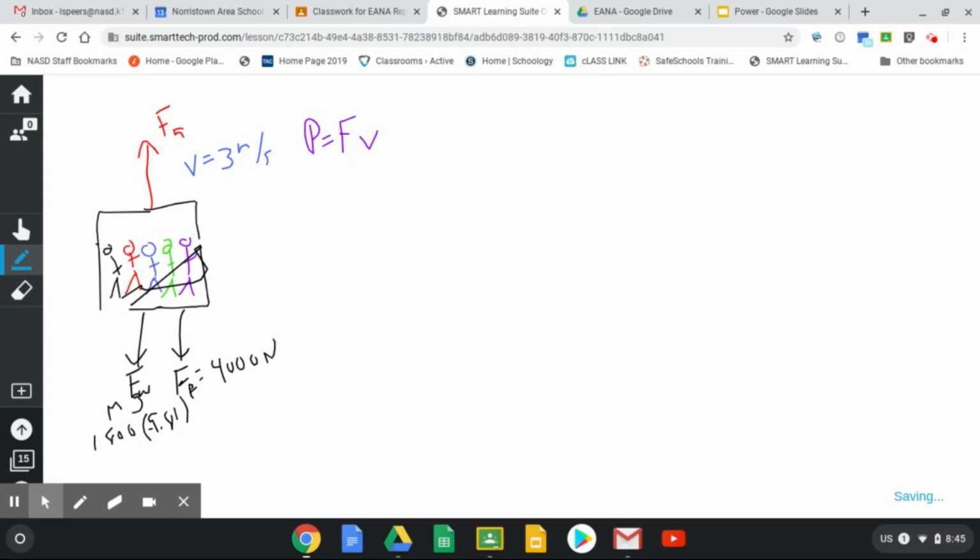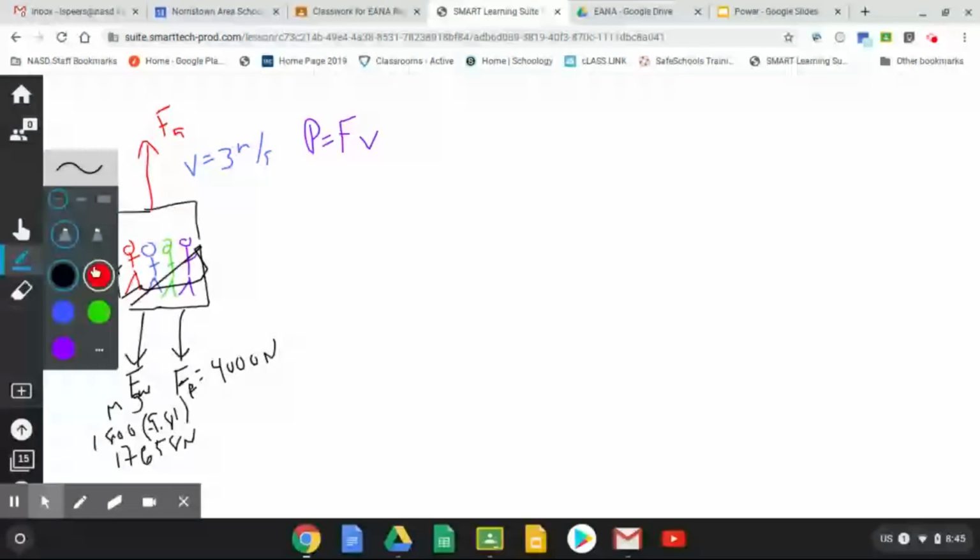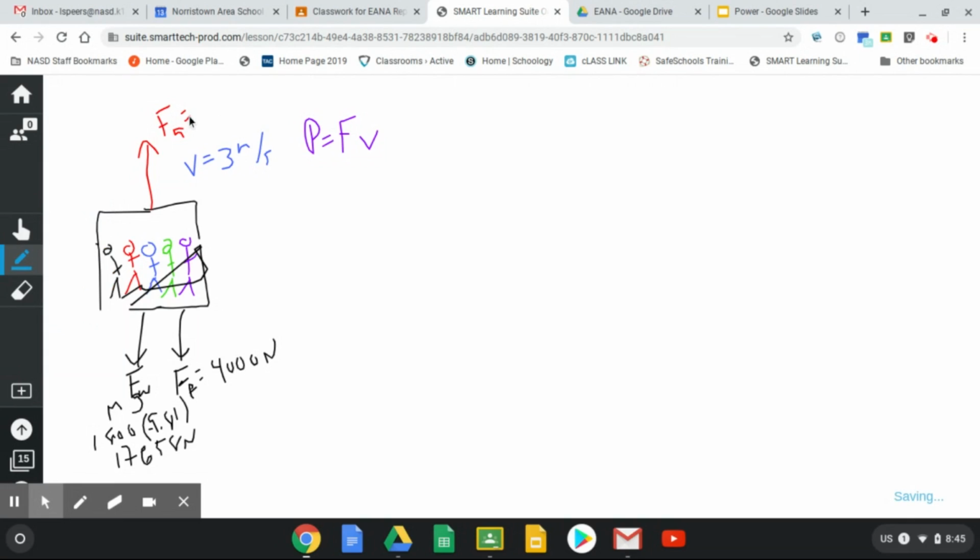So 1800 times negative 9.81 gives me a total weight force of 17,658 newtons, plus the 4,000 resisting force gives me a total applied force needed to keep this thing at a constant velocity upward of 21,658.